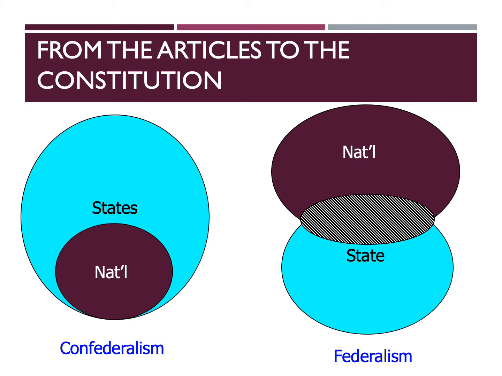With the new constitution, it creates a power sharing relationship between the federal government and the states, or the national government and the states. And it forms a power sharing relationship known as federalism. Okay. We'll talk more about that when we get to chapter 3, which is dedicated to federalism.